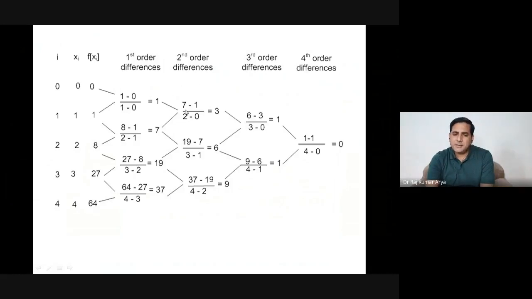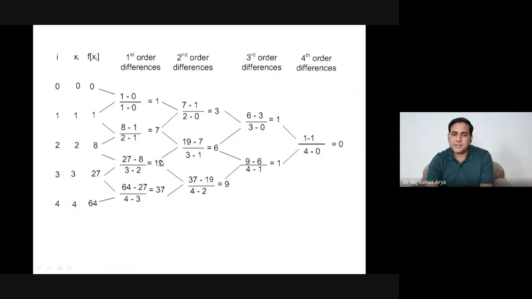Then you have the second divided difference column. Now you are calculating based on these. Till this point you have reached x equal to 2, and here is x equal to 0, so the difference in x is 2 minus 0. Now 19 minus 7 divided by 3 minus 1, because you are calculating differences based on these two values, 1 and 3.